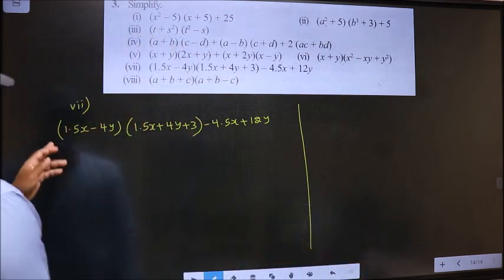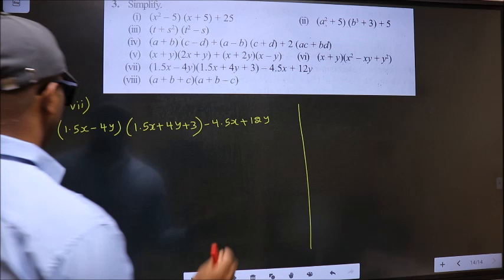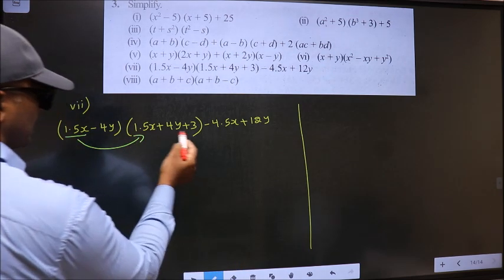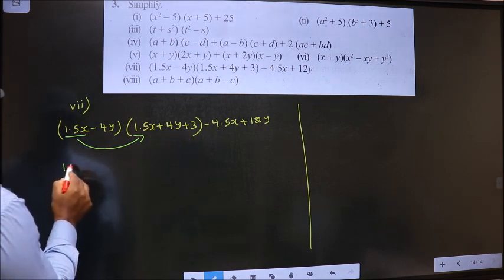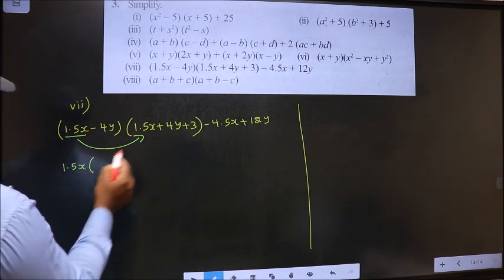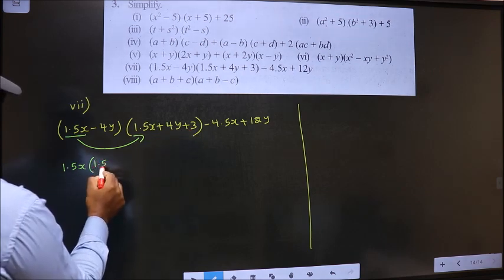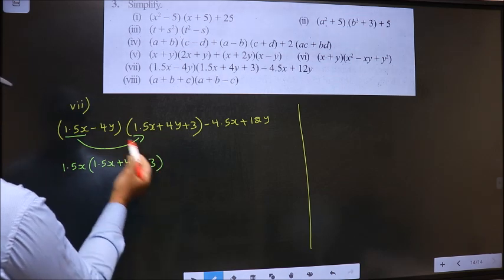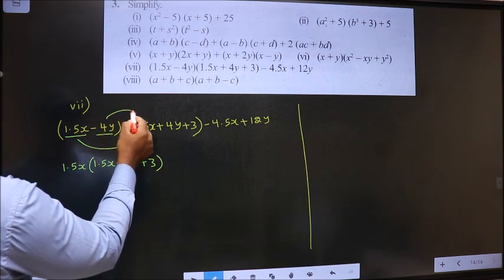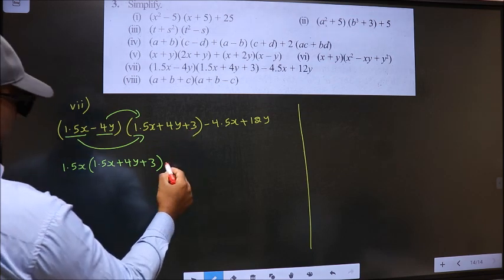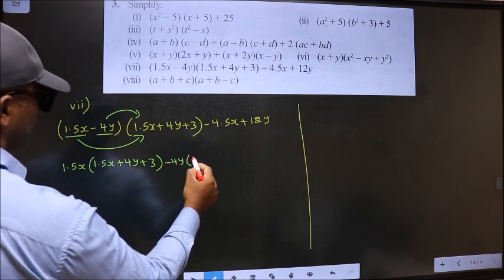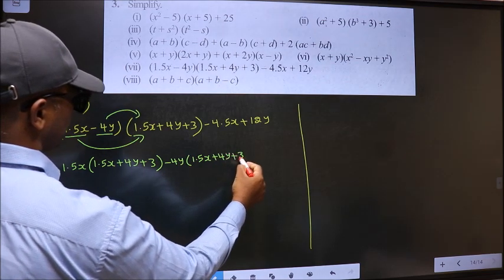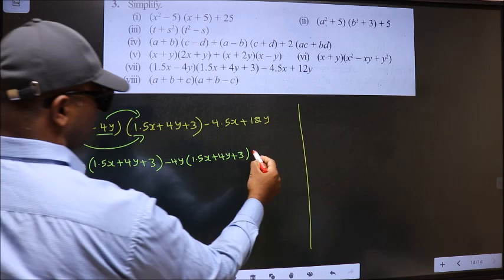Now, to simplify this, first with 1.5x we should multiply this entire bracket, that is 1.5x into 1.5x plus 4y plus 3. Now with minus 4y we should multiply this entire bracket, that is minus 4y into 1.5x plus 4y plus 3. These two terms no change.